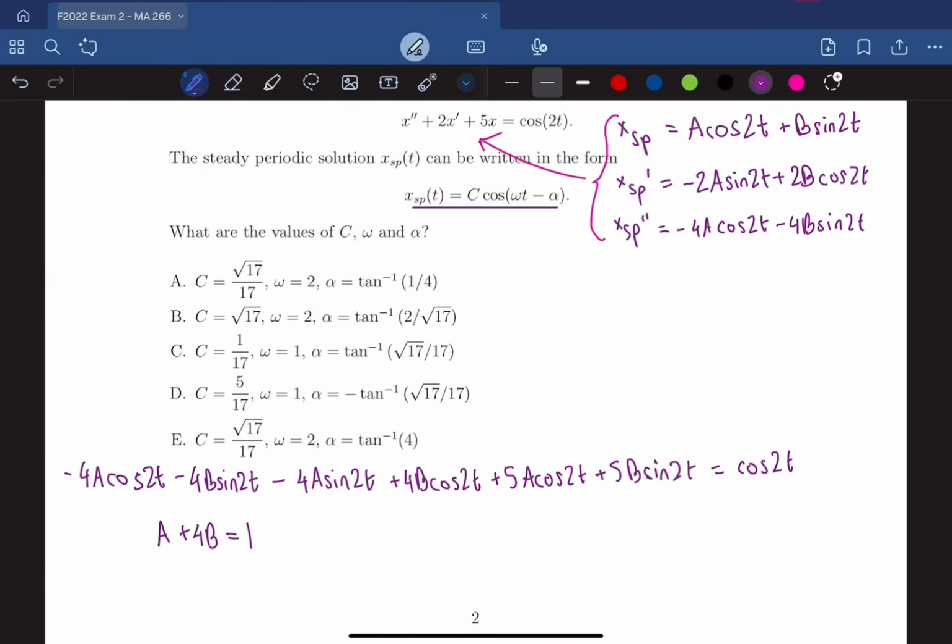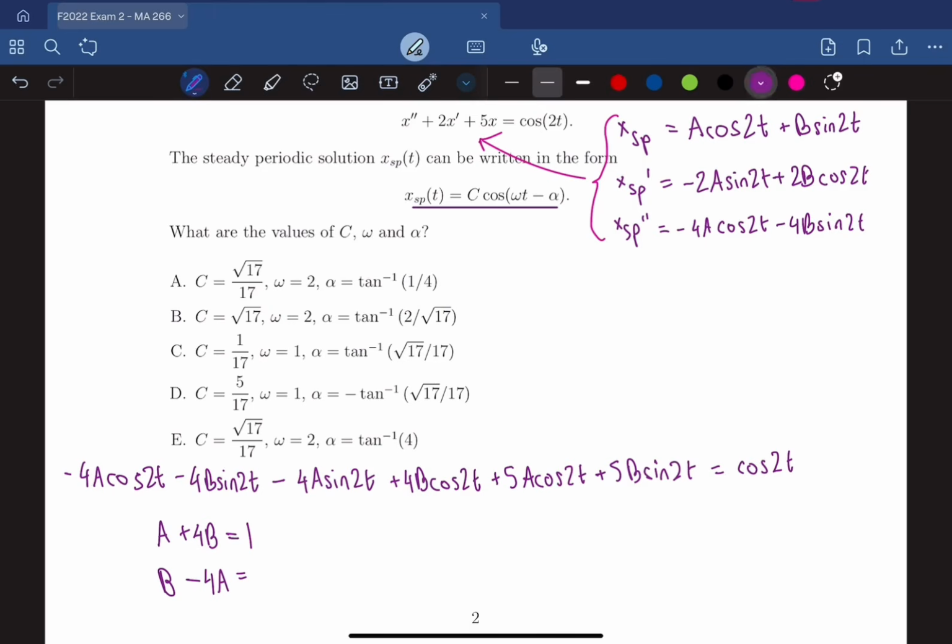And now we're going to do the same exact thing with the sine terms. So we have negative 4b minus 4a plus 5b. Negative 4b plus 5b equals b. So we're basically just going to have b minus 4a equals, and since we don't have any sine terms on the right side here, it's going to equal 0.